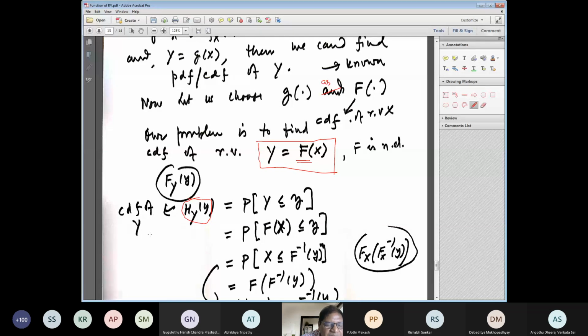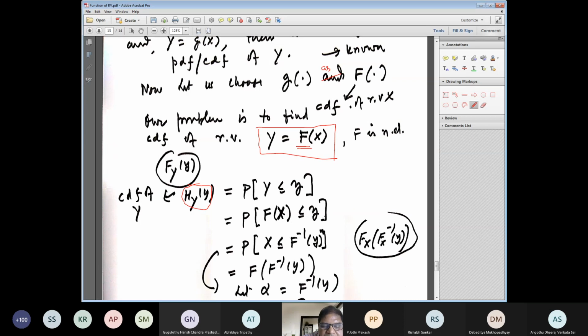This is nothing but the CDF of Y. Instead of using the standard notation F_Y(y), I am using H_Y for the CDF of Y, just to avoid any confusion with F. So by definition, H_Y(y) is the probability that Y is less than y. Since Y equal to F(X) we have defined, I will simply substitute F(X) in place of Y: the probability that F(X) is less than y.